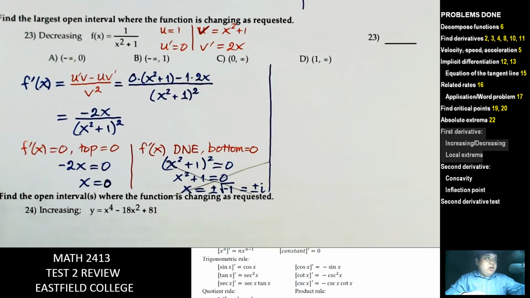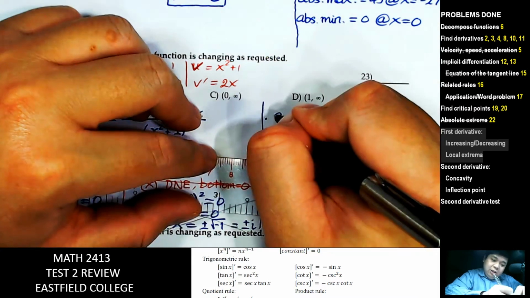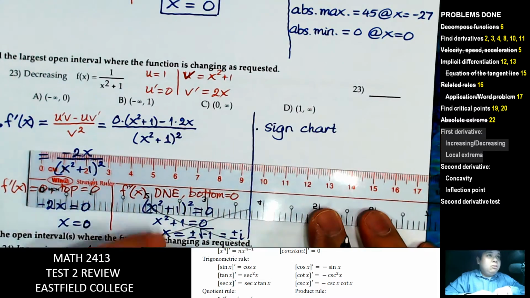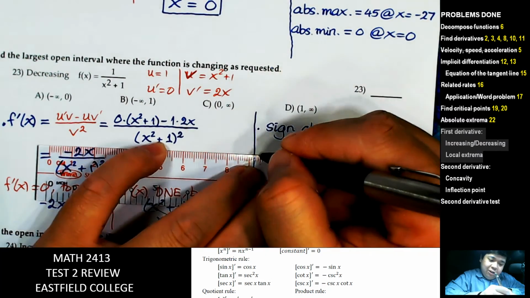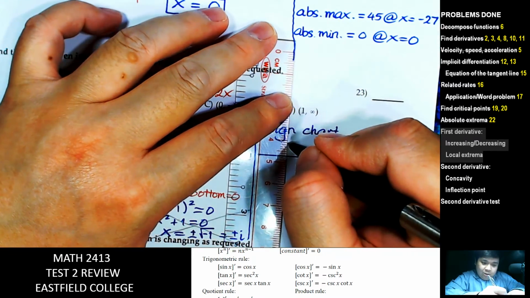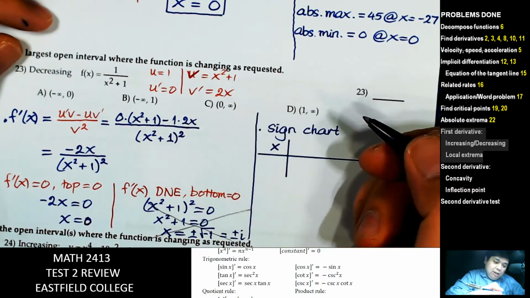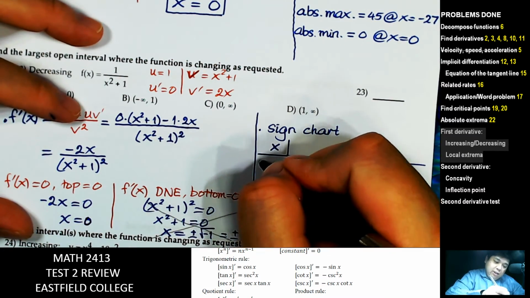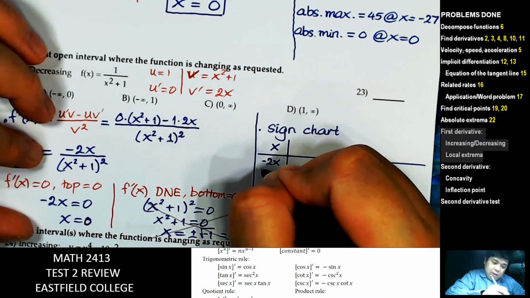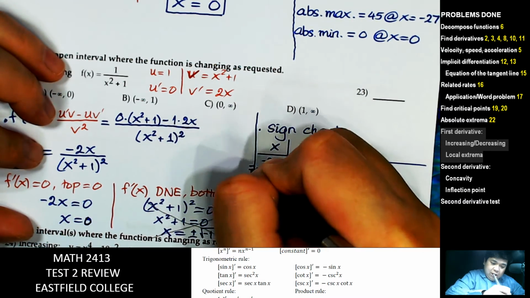That's what we put in the sign chart. Next is the sign chart. We have x and the derivative, which is negative 2x over x squared plus 1 squared.